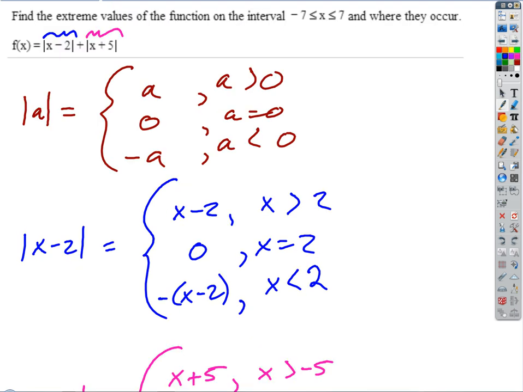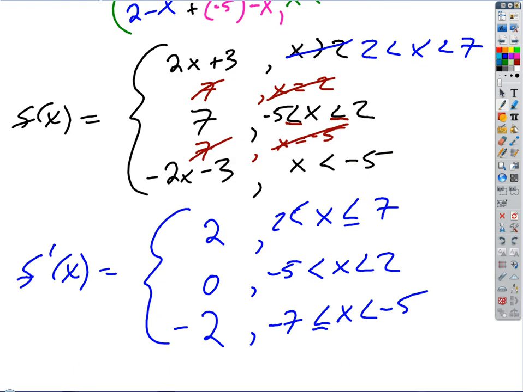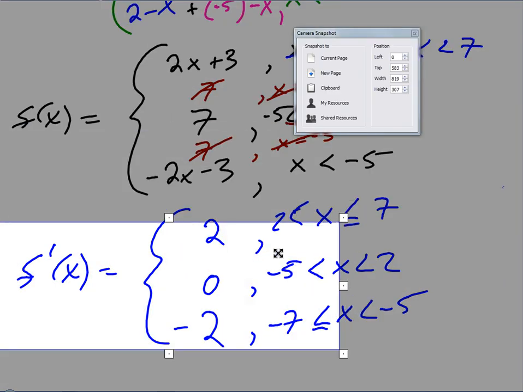So this thing isn't going to go forever. We're going to cut it off at x equals -7 and x equals +7. Same thing down here. And so now we've got this picture.